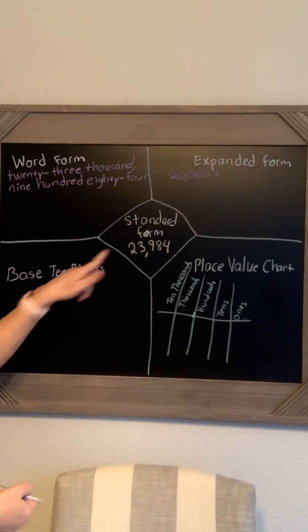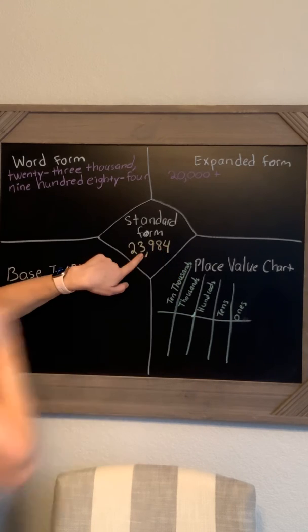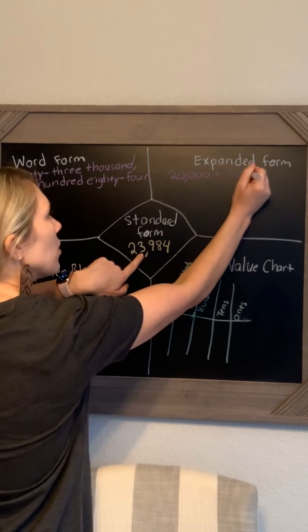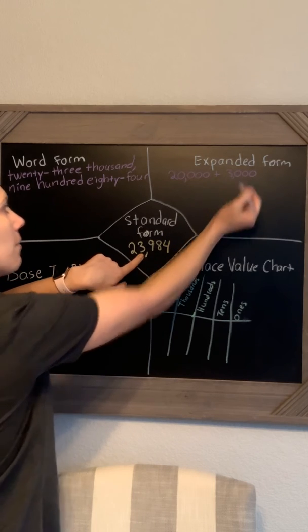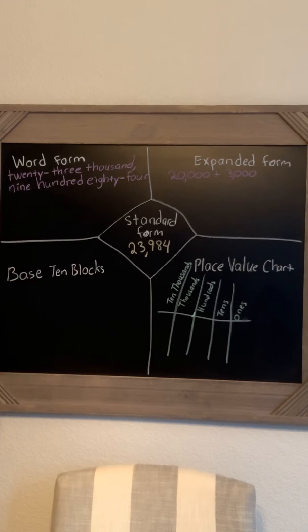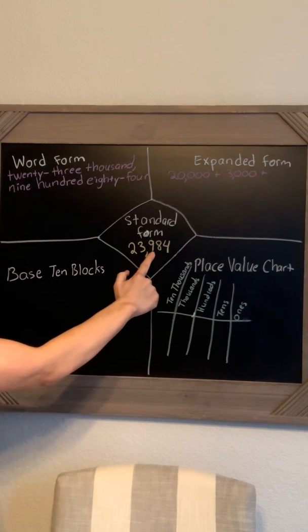Plus, go to the next digit, 3. And there is 1, 2, 3 digits after it. So I'm going to write my 3 and put 1, 2, 3 zeros after it. Put my comma. So the value of this 3 is 3,000. Plus, go to my next digit, 9.